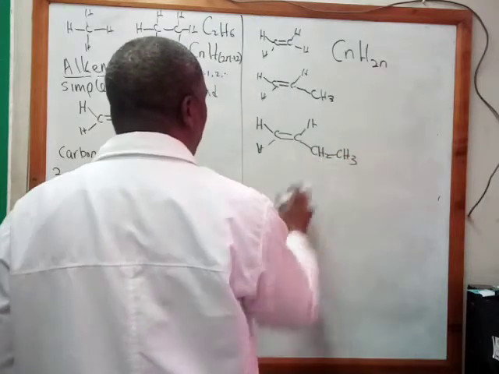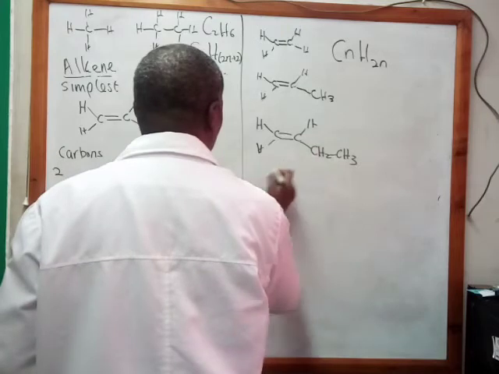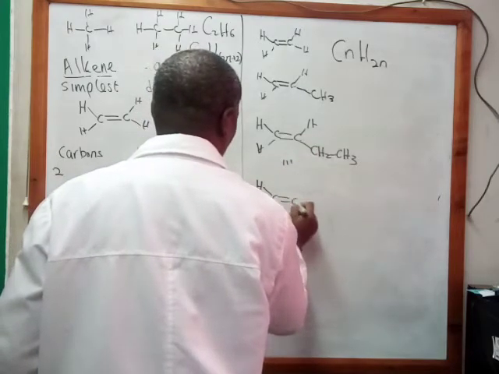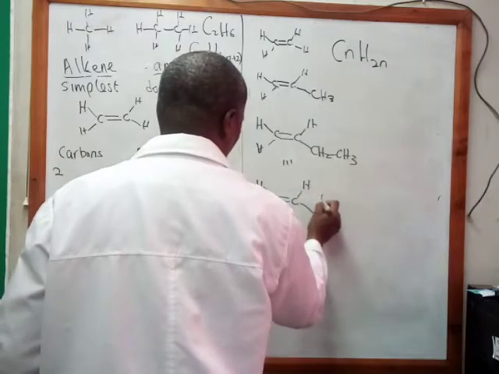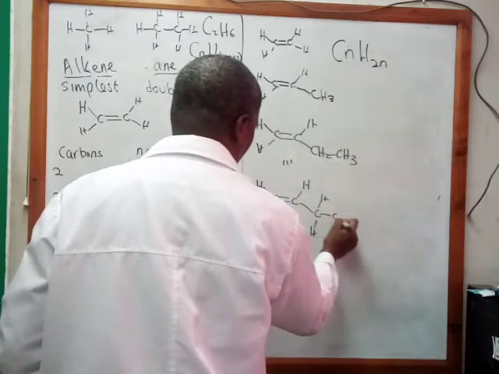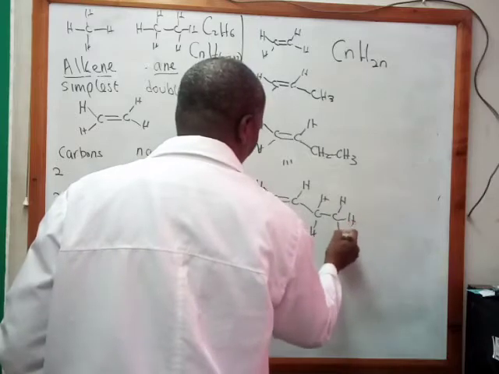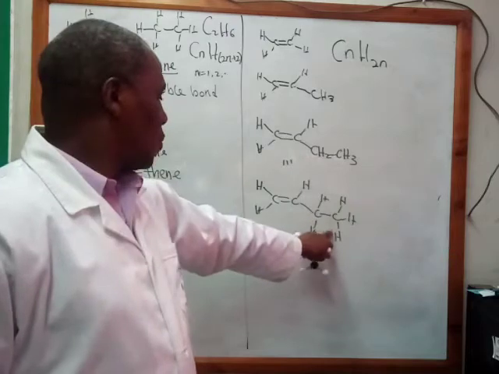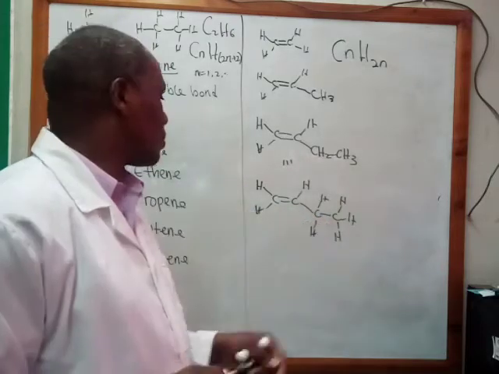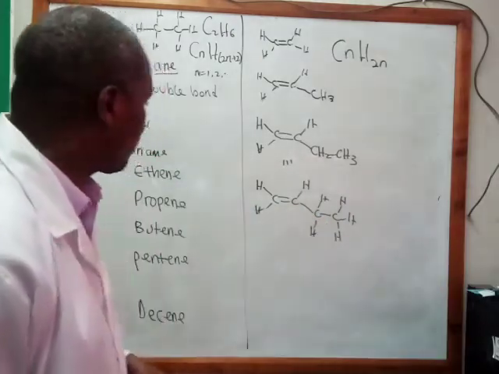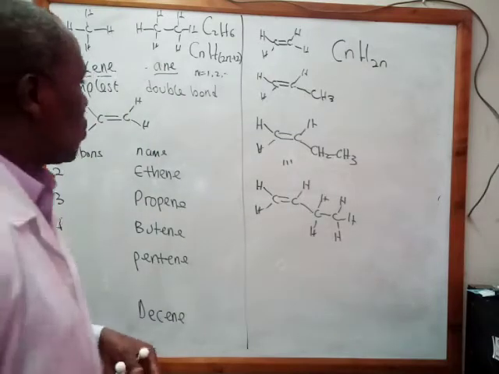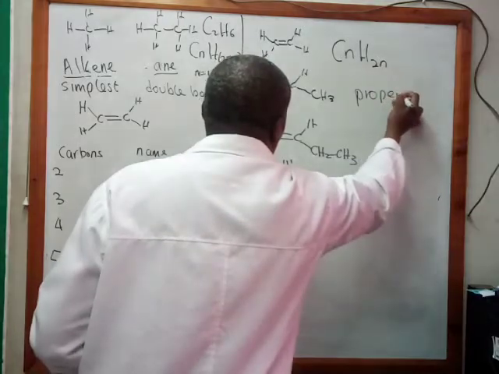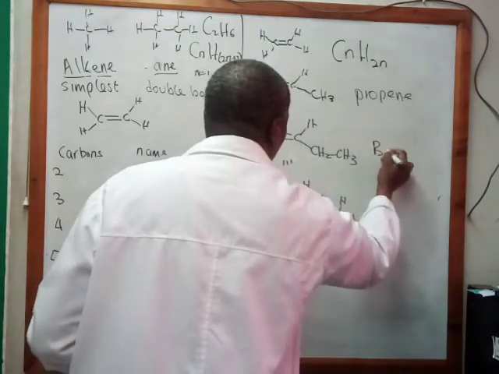By now you also know that this is equivalent to H. Okay, all right, so you can see this structure. So this is what? Propene, and this is butene.